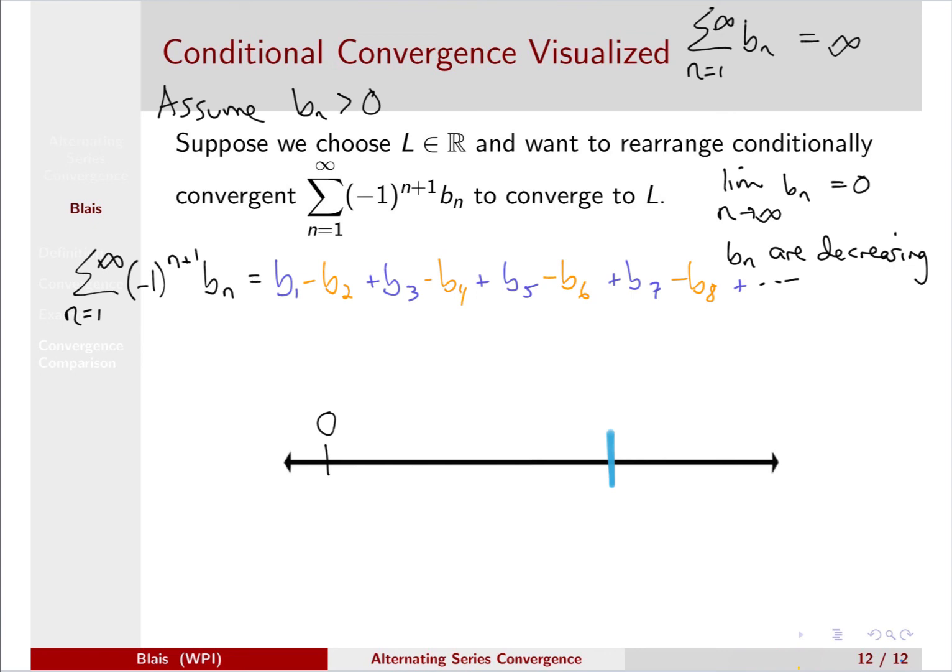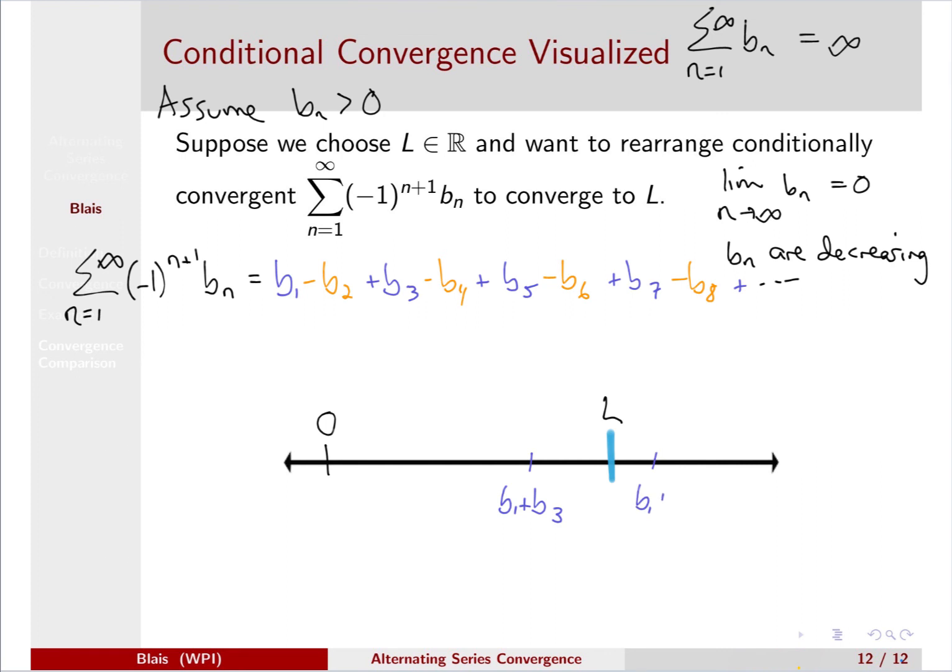Now, let's think about choosing some of the positive terms initially. Well, we know that if we just start adding up all of the positive terms, that will give us an infinite value because the series diverges. But what that means is we can take as many as we want, start adding them, and there will be some point where we'll get just past L. Maybe b1 plus b3 gets us here.